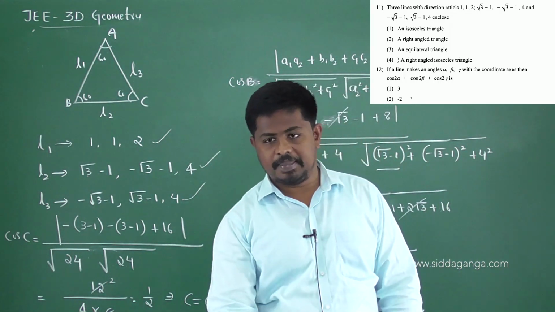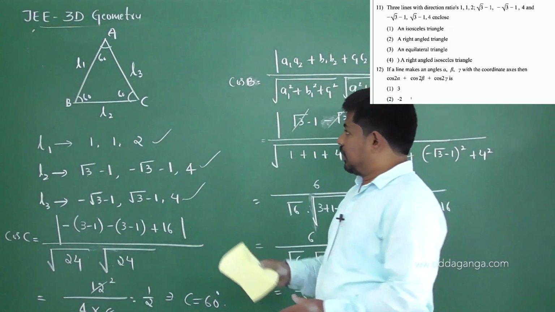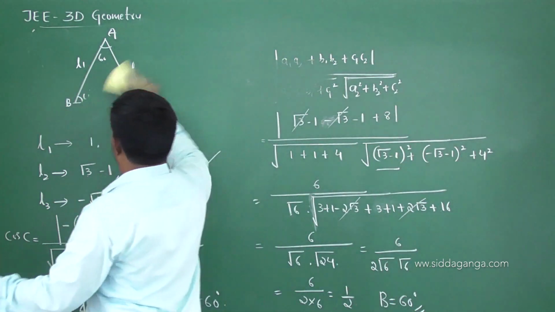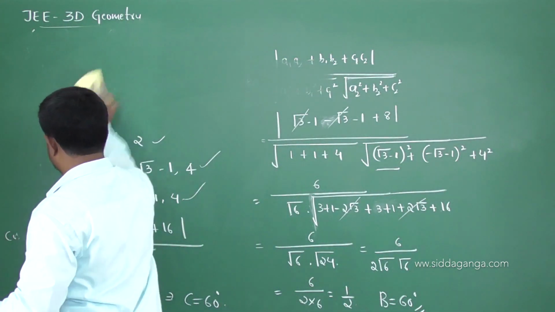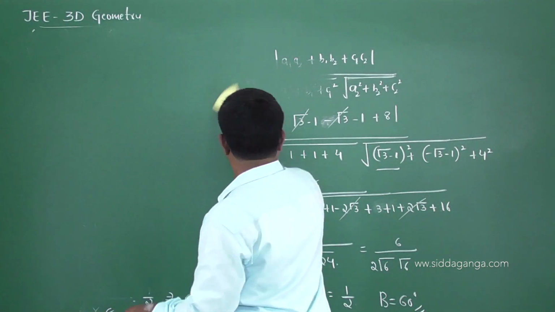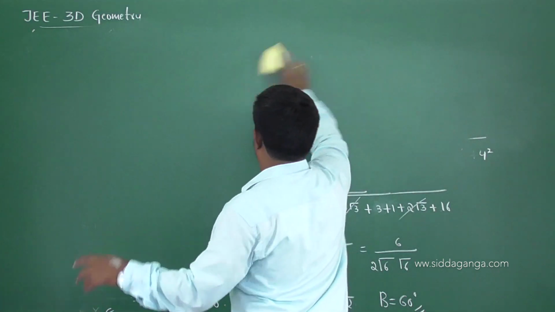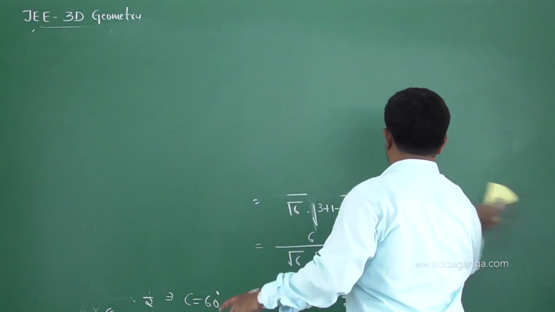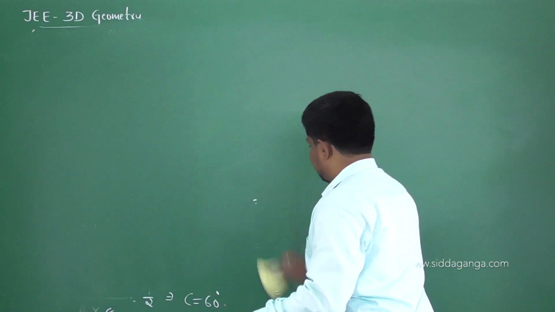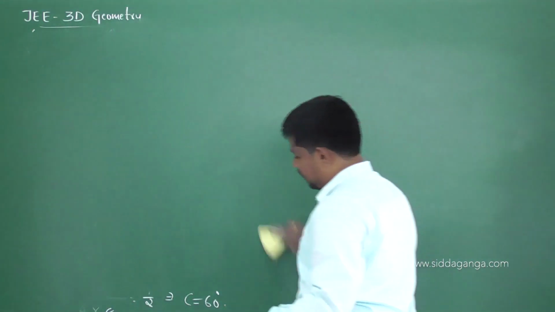Yes, option 3 is the correct one. A simple one, using the formula for finding the cosine of the angle between two lines with ratios a1, b1, c1 and a2, b2, c2.